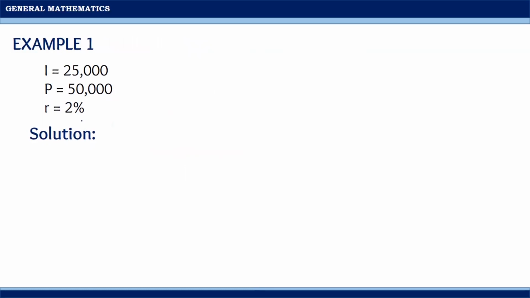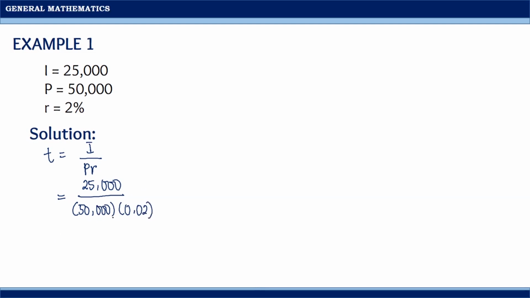Find the value of T. Using the formula T equals I divided by P times R, then we will have 25,000 divided by 50,000 times 0.02.